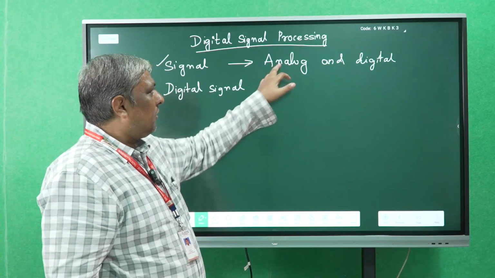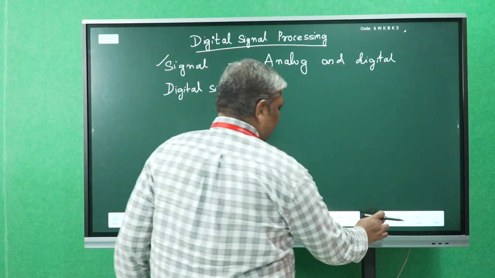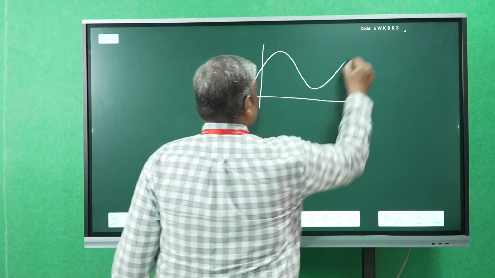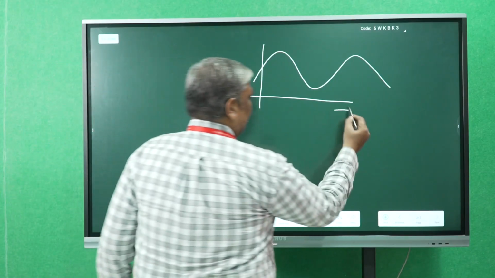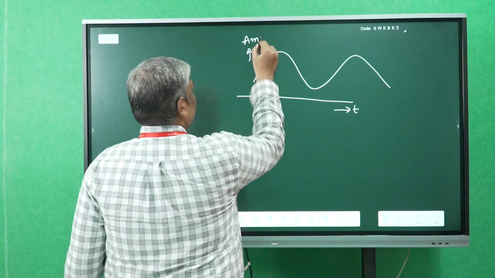So what is the meaning of analog signals and what is the meaning of digital signals? I'm taking a simple sinusoidal signal. This is the time axis and this is the amplitude axis.